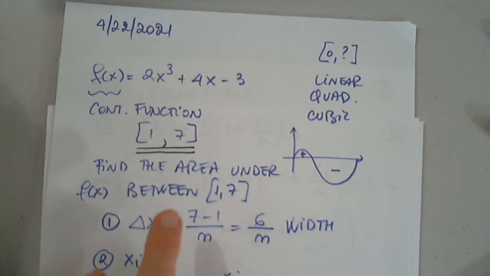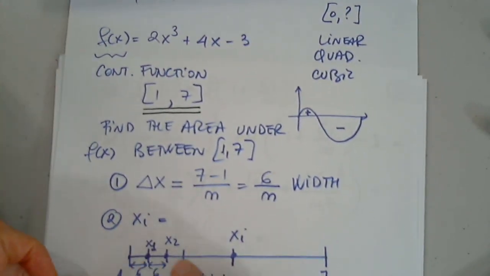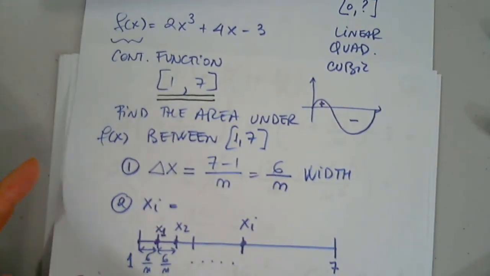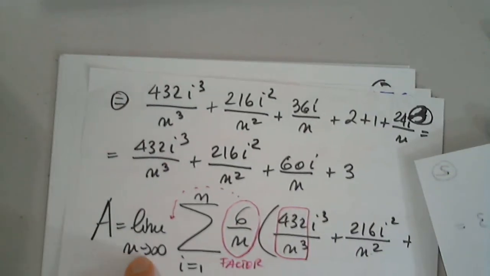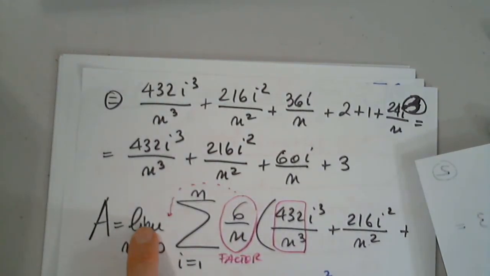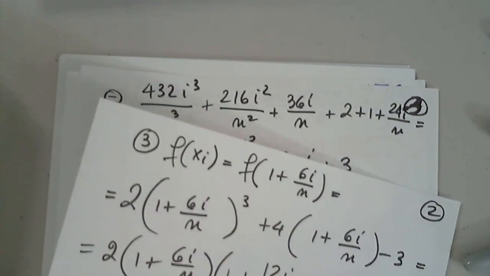But if I'm asked to find the exact area, I have n subintervals, from the first subinterval to the last one, n. I don't know how many they are, and I don't care, because n will go to infinity. The limit is when n approaches infinity. So that's why we don't have n.